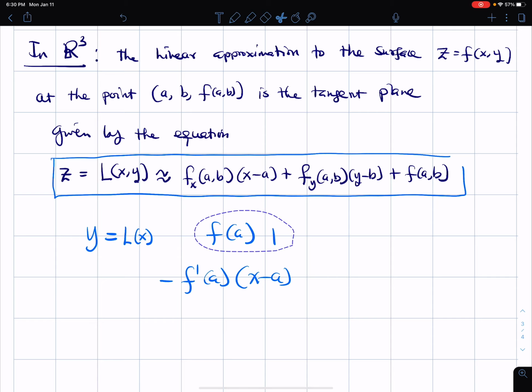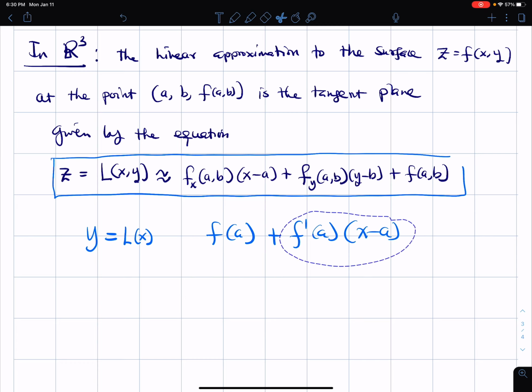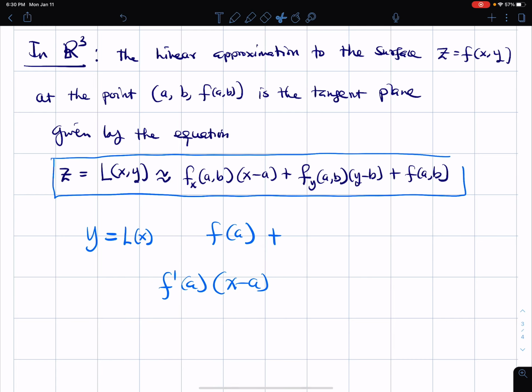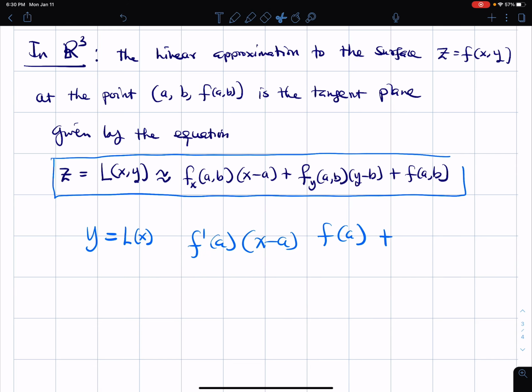I rearrange this, and bring this to the front and take this to the back and put the plus where it is, okay?